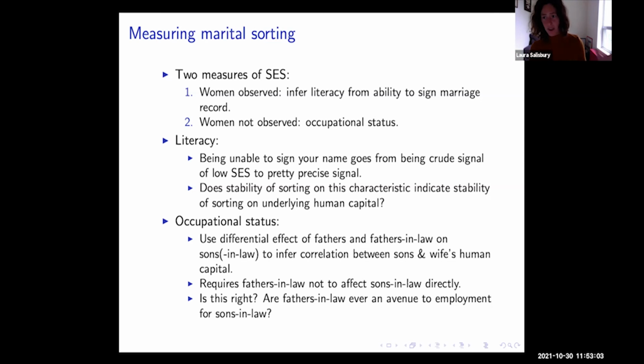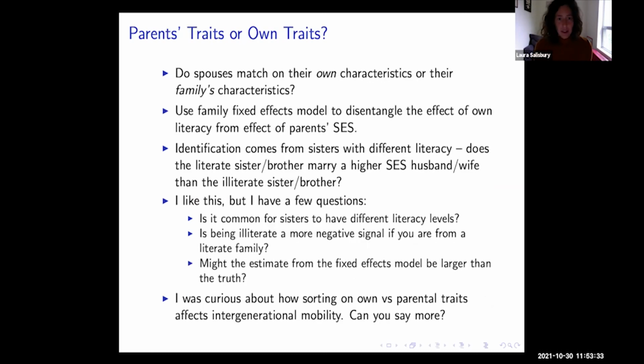I'm with you that fathers-in-law can't impact a son-in-law's human capital as accumulated in early childhood and young adulthood. But fathers-in-law might open up career pathways for their sons-in-law. Is it really right to say that there's no direct impact there? And if not, how might that change the way we interpret the findings?